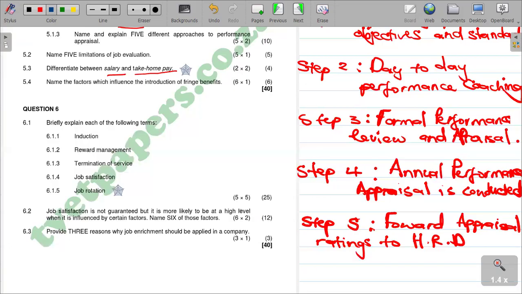Let's go to question 6. Briefly explain each of the following terms. Each term has 5 marks.